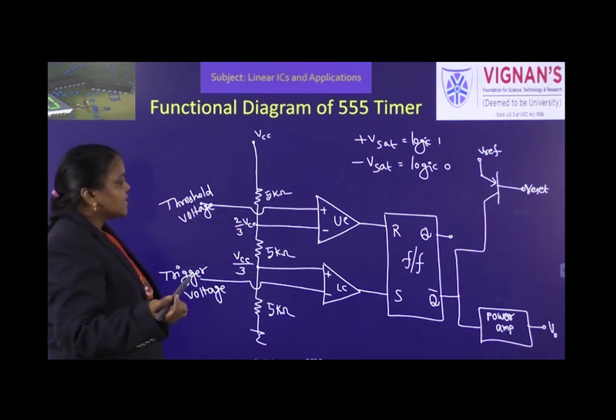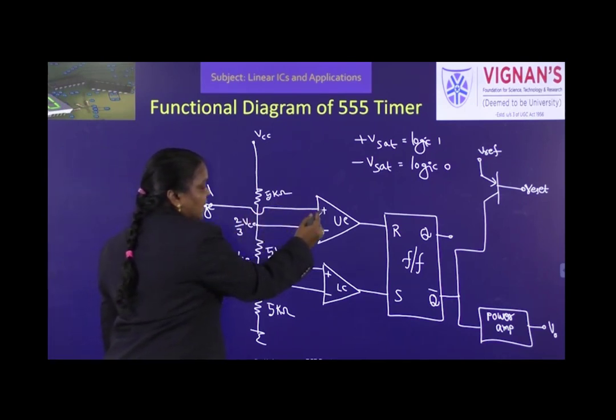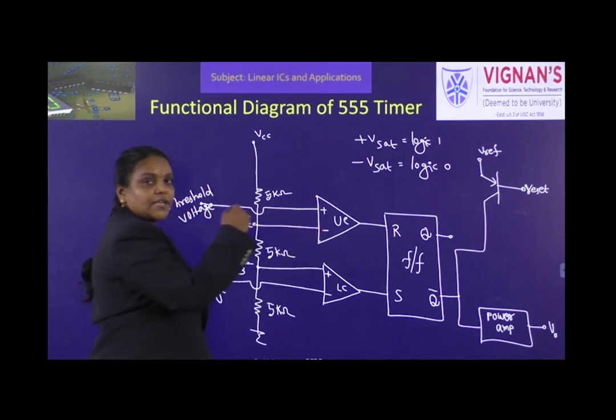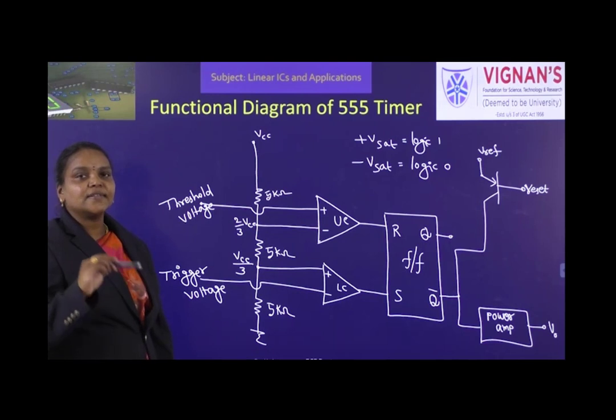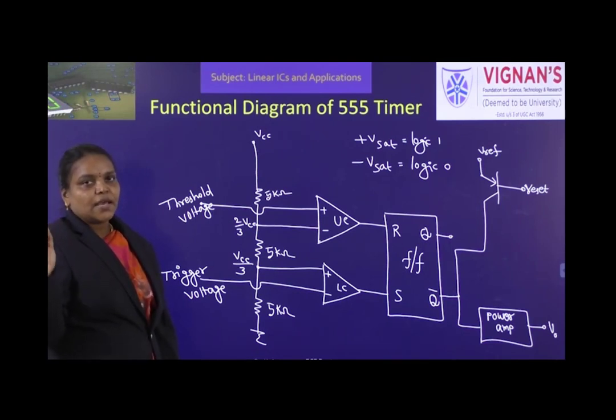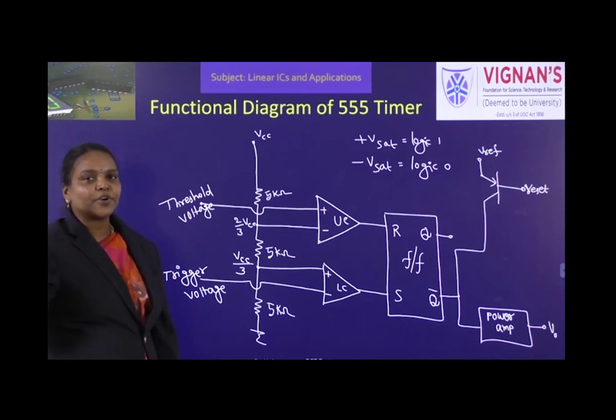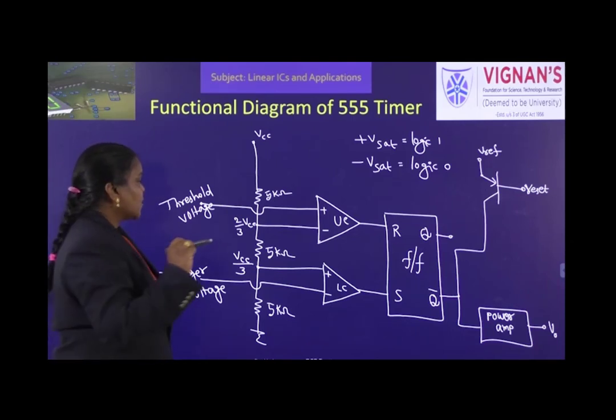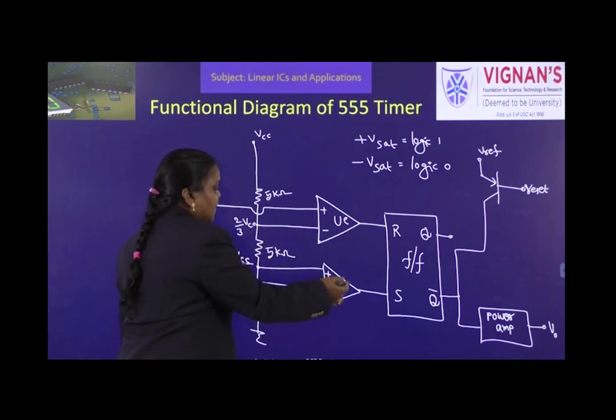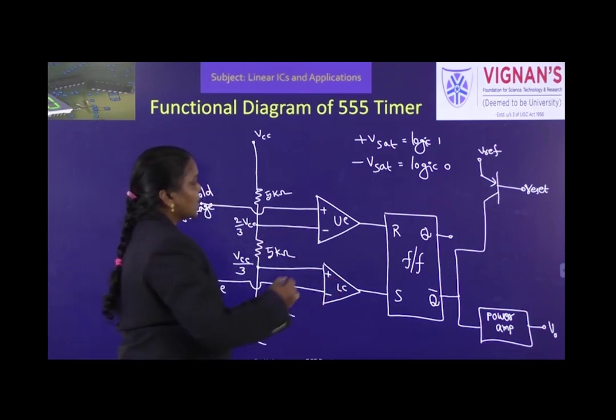Or simply, if the plus input is high compared to the minus input, it gives plus VSAT, that is logic high. If the plus input is less compared to the minus input, it gives minus VSAT, that is logic 0. Similarly, the lower comparator also gives.